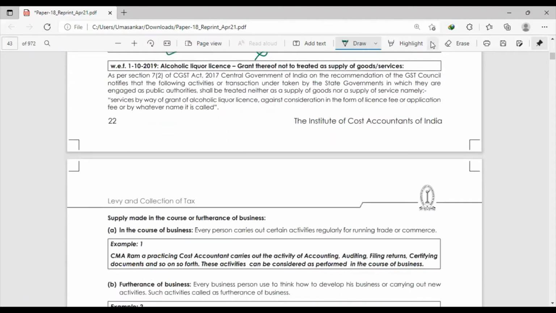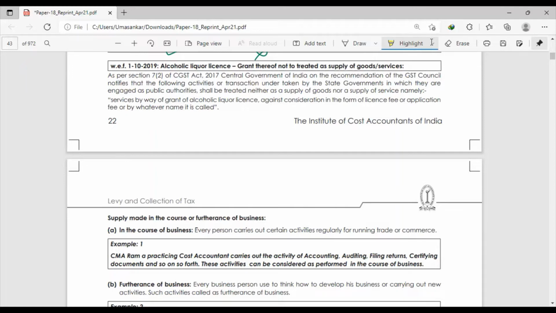Okay. Alcohol liquor license grant thereof is not to be treated as a supply of goods or services. This is the circular which came on first October 2019. This is very important. We'll go through it. So the central government of India, on the recommendation of the GST Council, notifies that the following activities or transactions undertaken by the state government in which they are engaged as public authorities shall be treated as neither a supply of goods nor a supply of services. Okay.